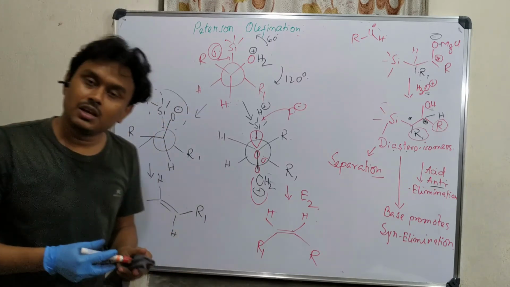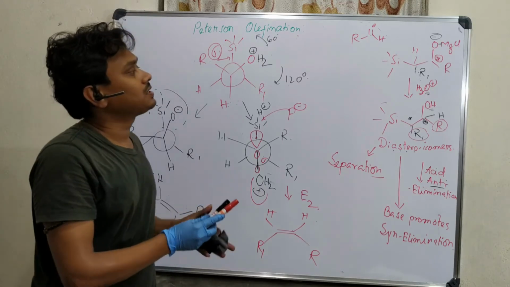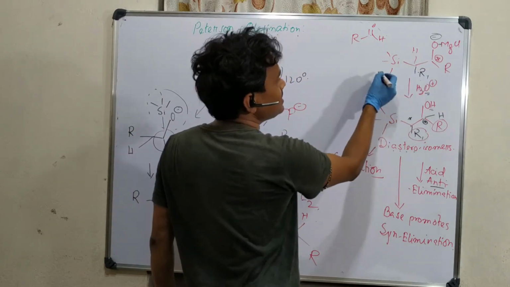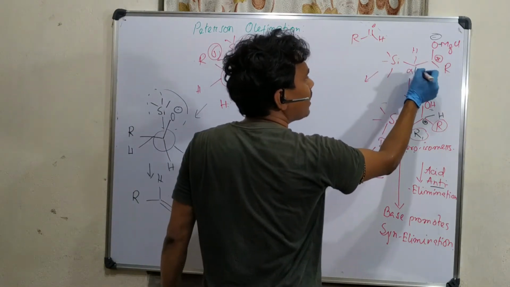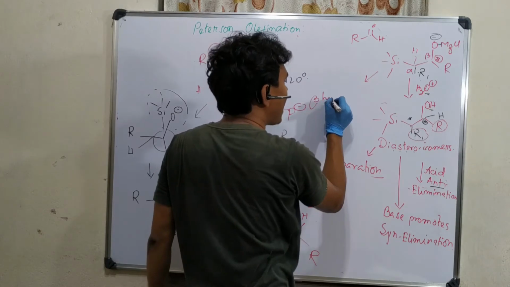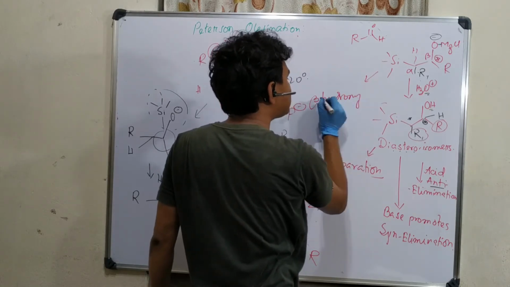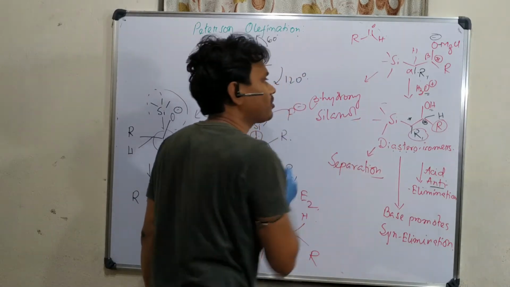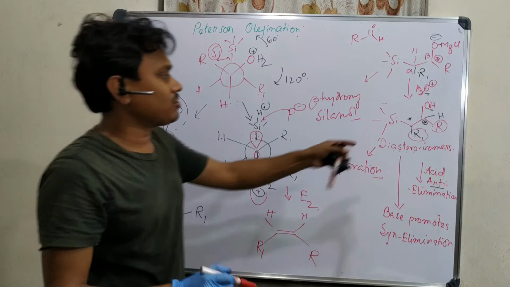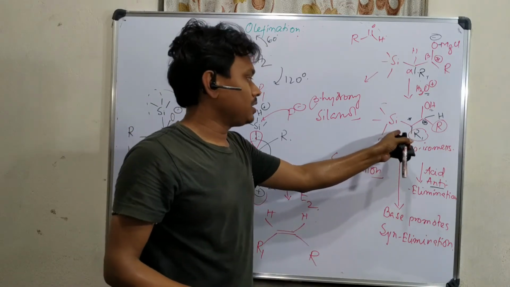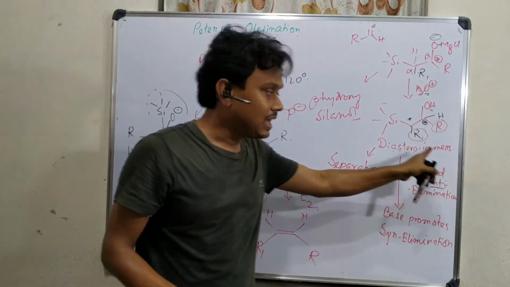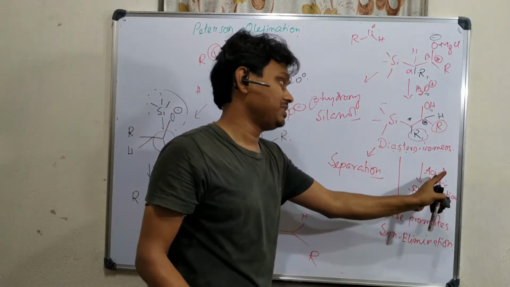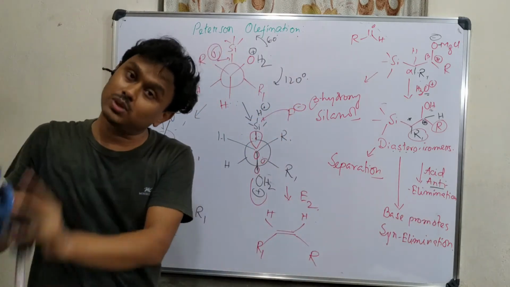So what have we learned today? First of all, the reaction of this silyl carbanion with the aldehyde gives a beta-hydroxysilane, this is alpha, this is beta. Separation of the beta-hydroxysilanes is possible because they are diastereomeric in nature, and a particular diastereomer under a particular reaction condition, acid or base, will produce a particular alkene.